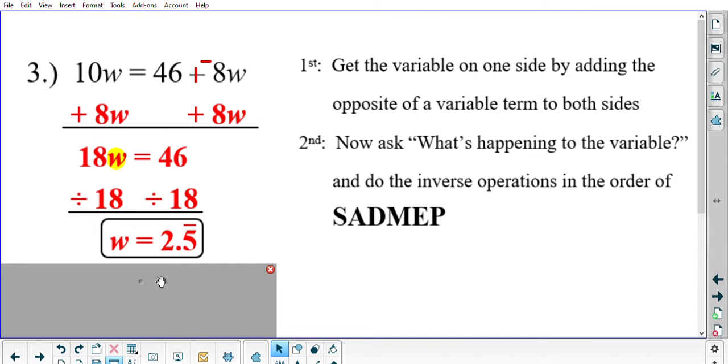I know some Casio calculators will give you the answer as an improper fraction, which I believe would be 23/9. I would accept the answer any of those 3 ways, but usually we'd rather have it as a mixed number or as a decimal, repeating decimal in this case. So there you go. That's how number 3 works.